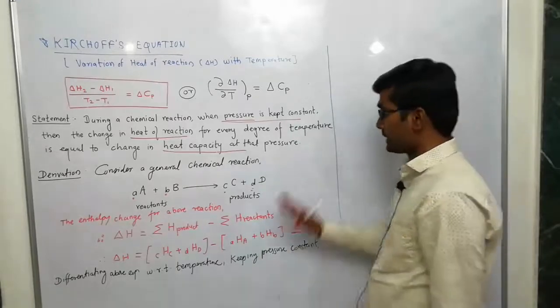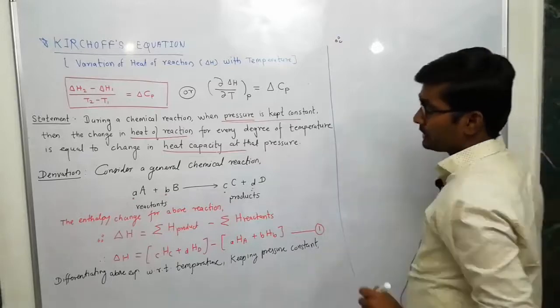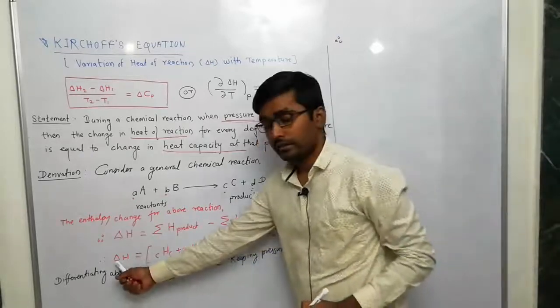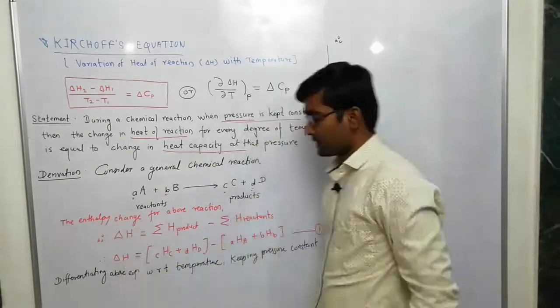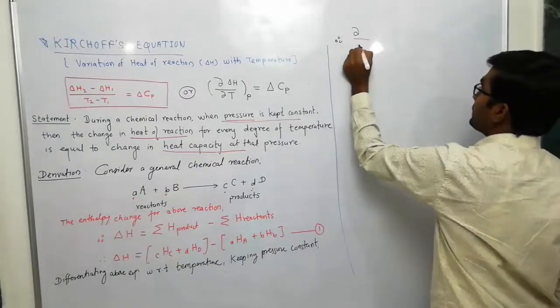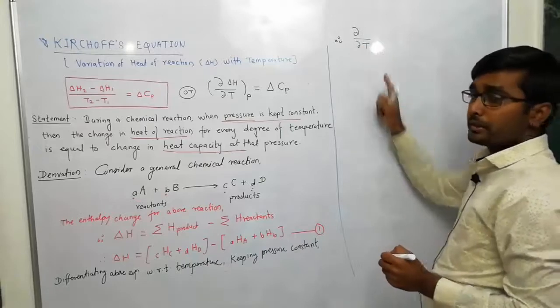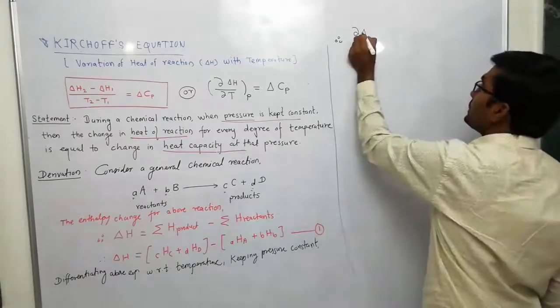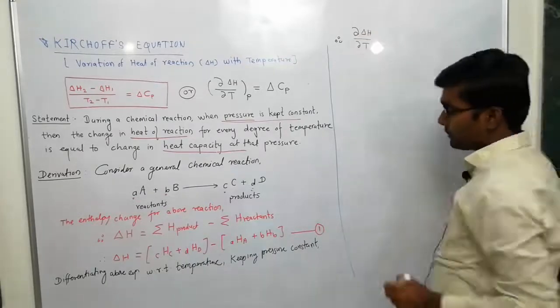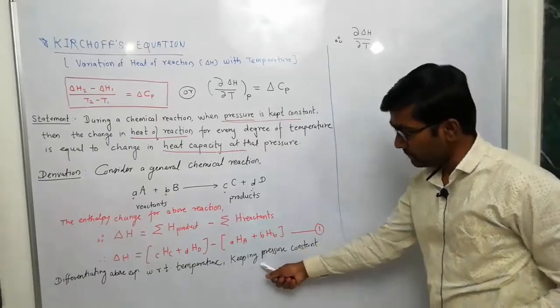Then we get, therefore, the left hand side term is delta H. So we are taking the derivative, del by del T, the derivative with respect to temperature of the change in enthalpy, keeping pressure constant.